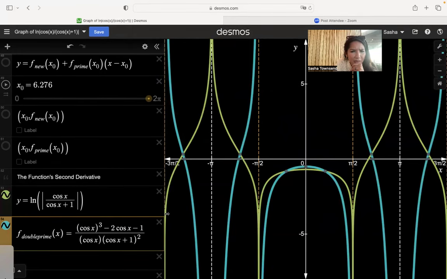No, it looks like it's concave downward on this side and then concave upward on that side. It looks flipped. This is concave downward, and the branch of the second derivative shows that the second derivative has negative values, so that seems right. But there seems to be something wrong with what I did right here. Must have been a calculation error with that second derivative.